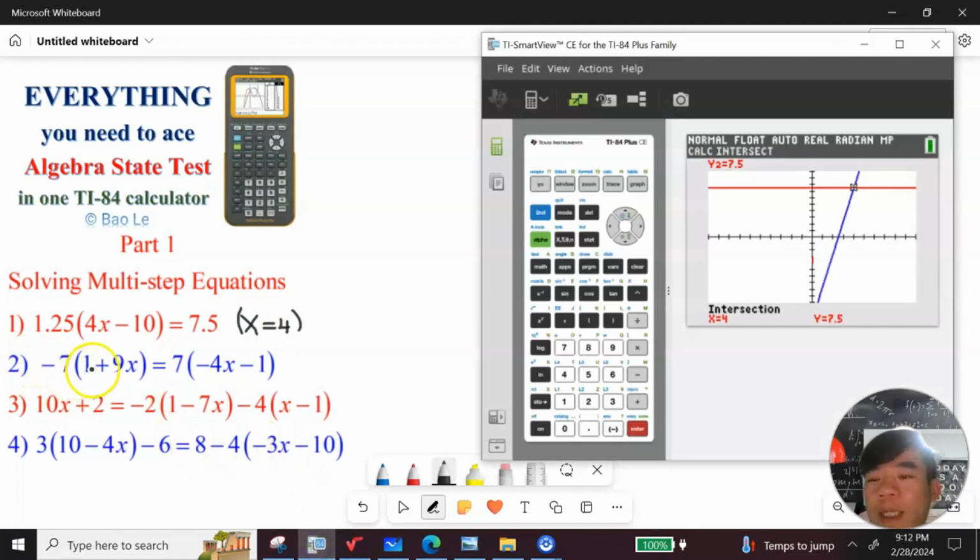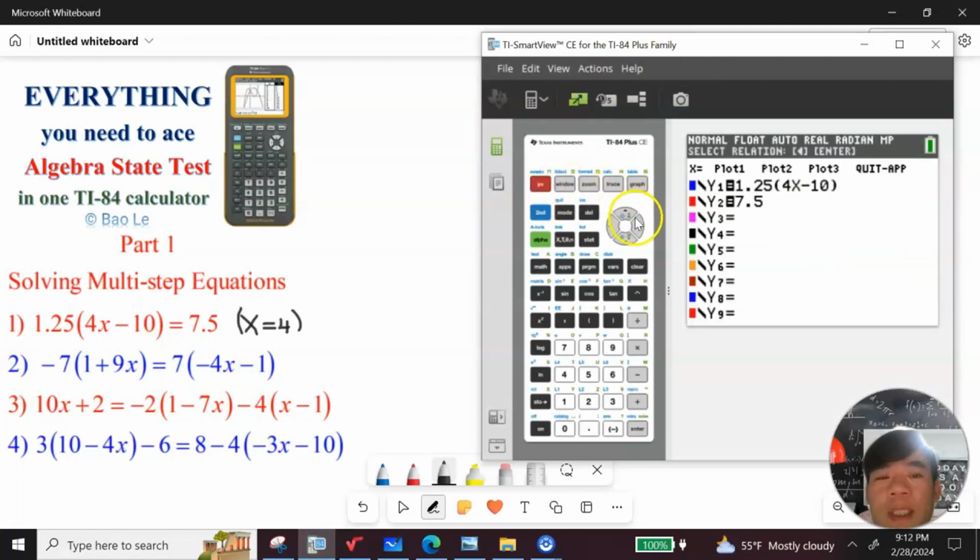Now the second one, the left and the right here. Okay, so I hit Y equals again. All right, so I clear this one. The left hand side should be -7. Now the negative sign is the sign in front of one number. So I hit -7 parentheses 1 plus 9x close parentheses.